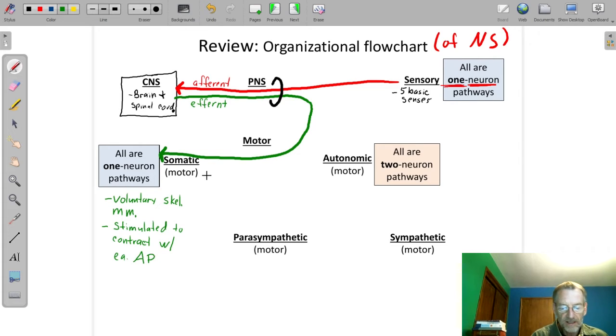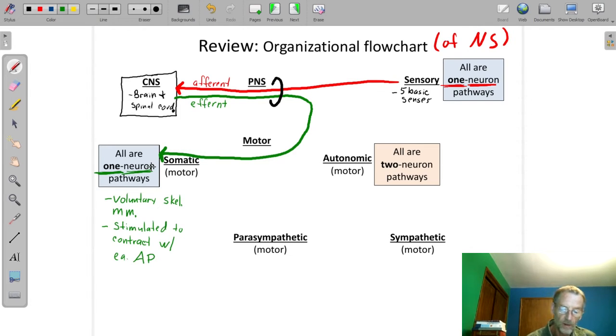And to somatic skeletal muscles that are voluntary, it's always one neuron after you leave the CNS. So the nerve that carries impulses to the muscles in your foot is a single neuron that leaves the spinal cord and travels all the way down to your foot.